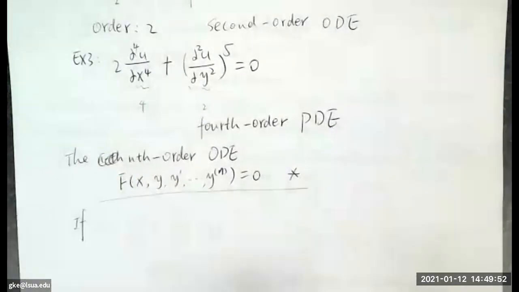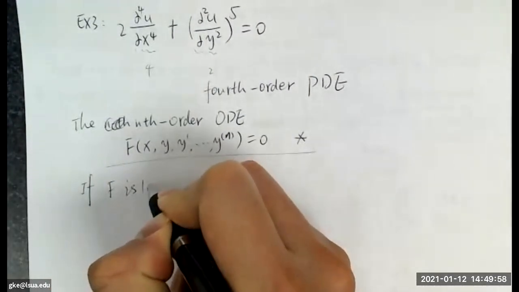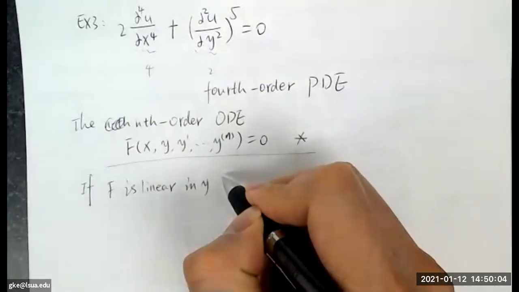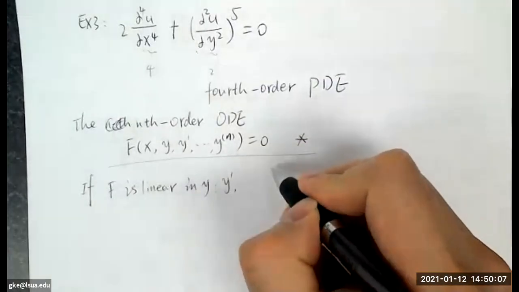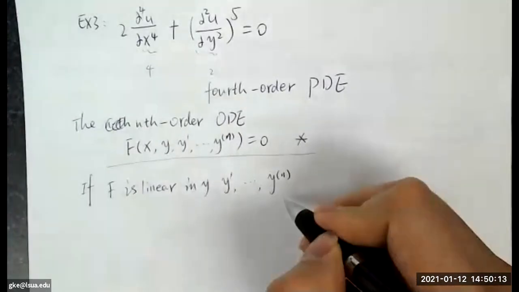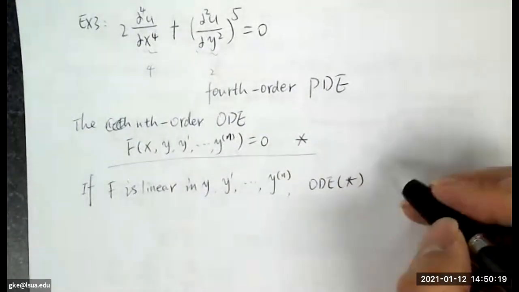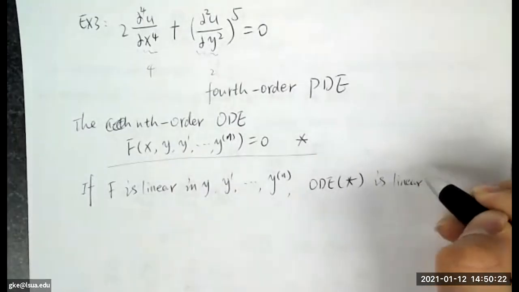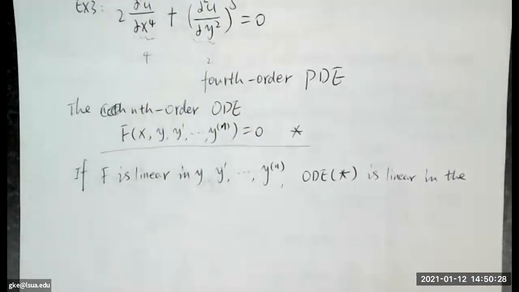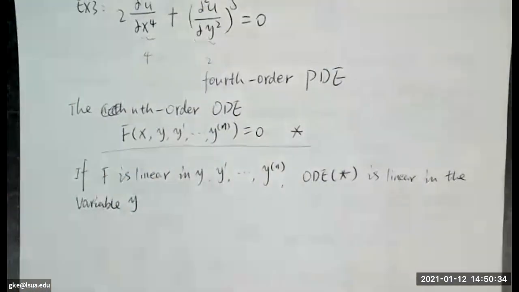If f is linear in y, y prime, and so on, then we call this ODE star linear in the variable y, okay?